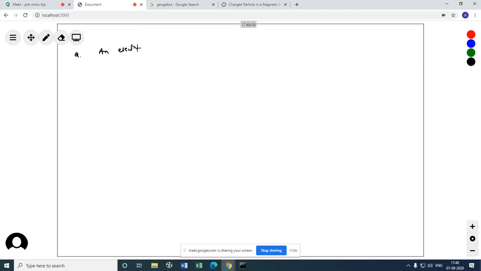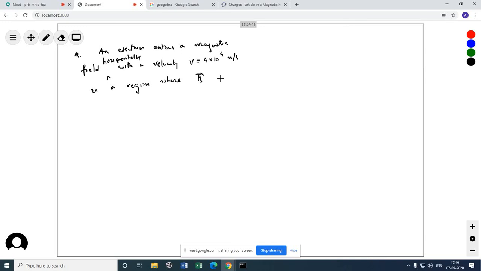An electron enters a magnetic field horizontally with a velocity of v equals 4 into 10 to the power 4 meter per second, in a region where B acts downwards.